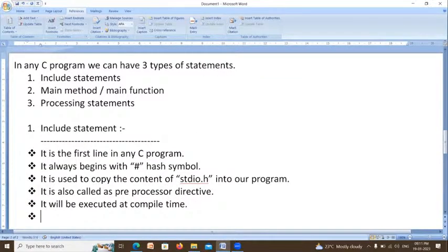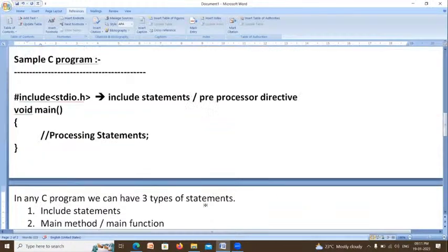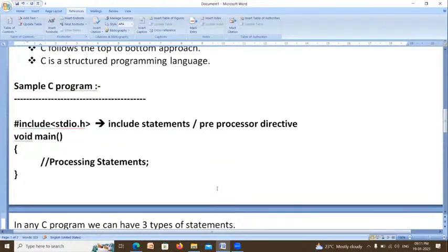Right. That is about the include statement.